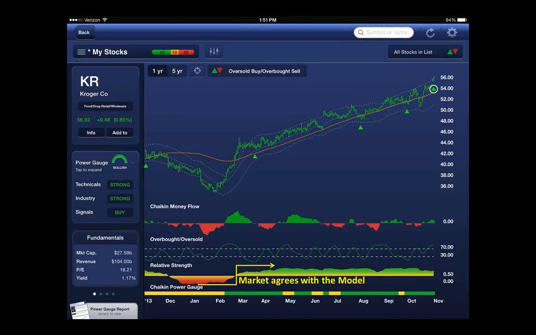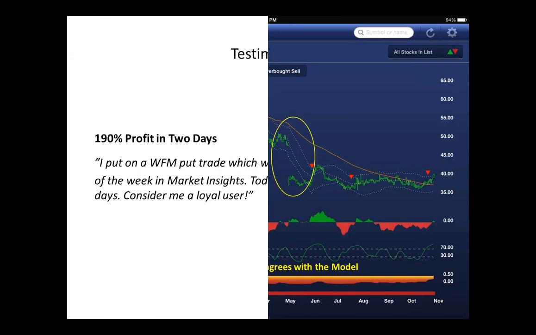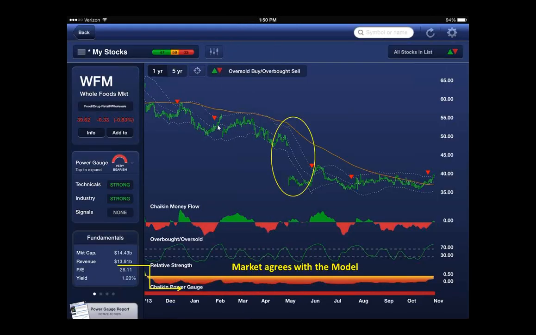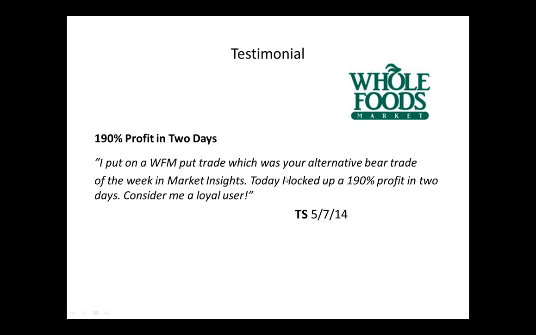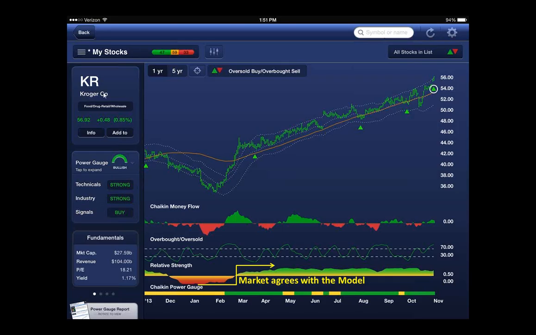And I just like to mention at the same time that Whole Foods looked so awful, was all red, had the sell signals, and was making that break, you could have owned Kroger in the same industry group, which happened to be a strong industry group at the time, and was a classic bull, where you had above the trend, you had the buy signals, you had reasonably good money flow.